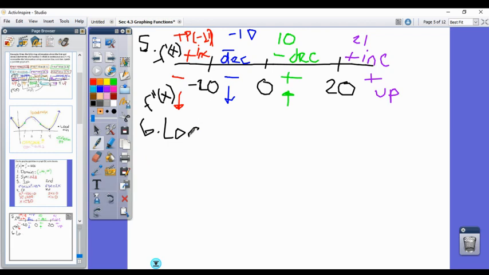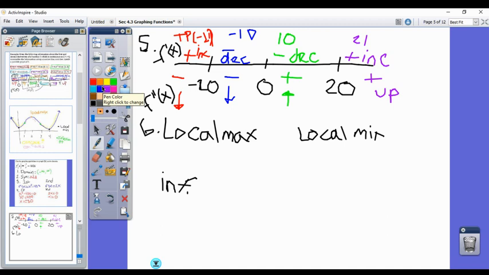Okay, so my local max is when x equals negative 20.